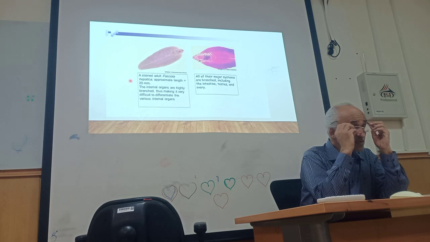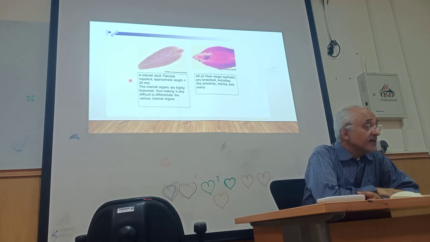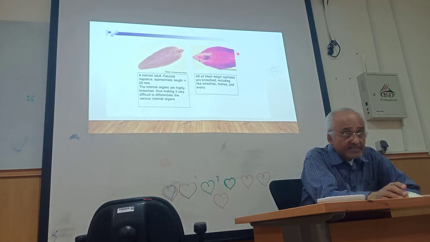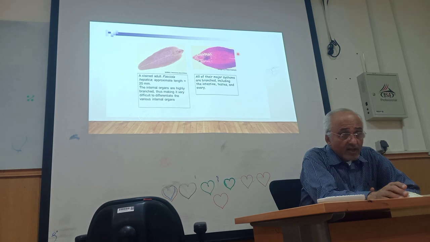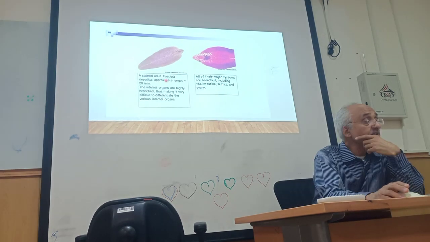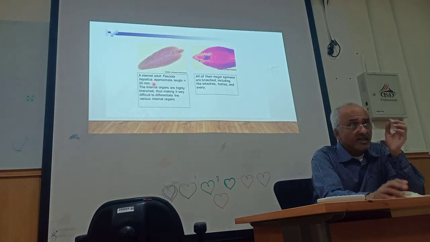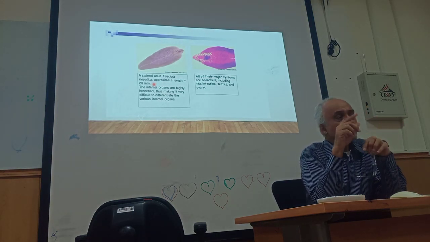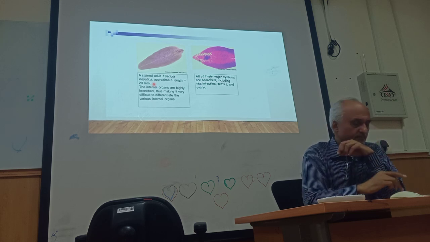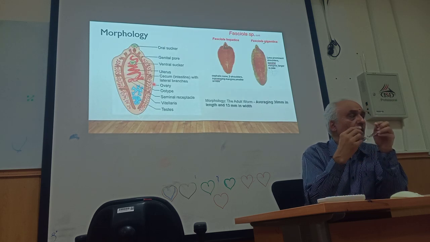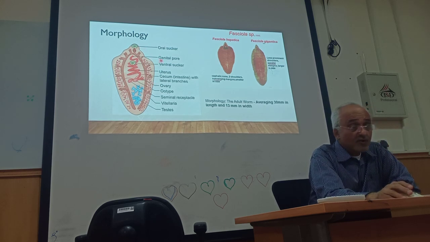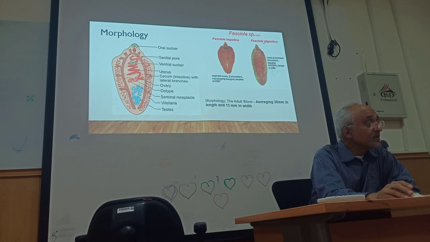I would also emphasize the right one. All the major systems are branched, as I told you: testis, ovary, and also vitellarium. The adult Fasciola hepatica is nearly 2 to 3 centimeters in length, and you can see it is leaf-like. For morphology, again, this is your question: what is the ceca?